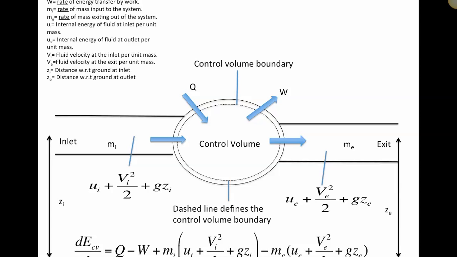As I told you, all these terms inside the brackets are per unit mass, so you multiply by mass to satisfy the units on both sides. And you have the energy term of the exiting fluid and the mass of the exiting fluid, and this makes the equation. Always remember, these are just notations to represent the incoming energy and outgoing energy. This can change with your system.